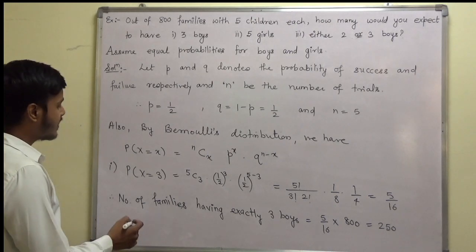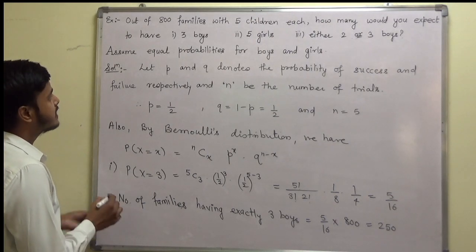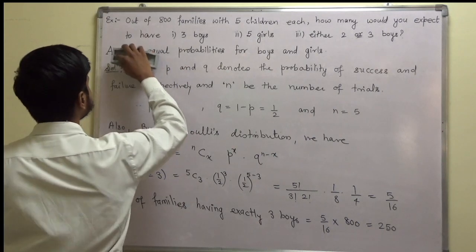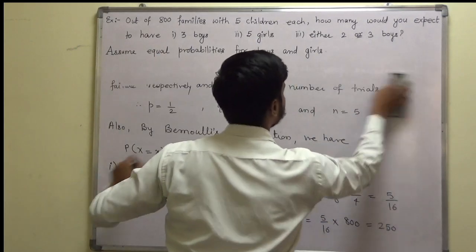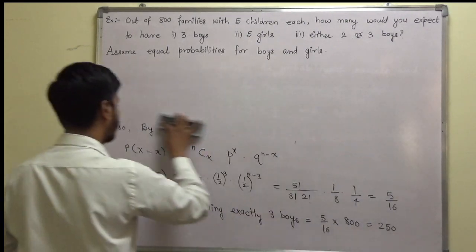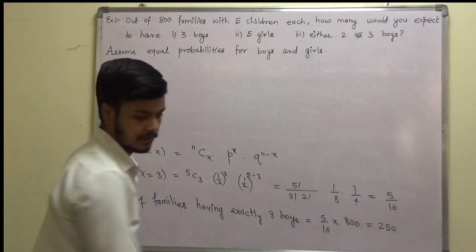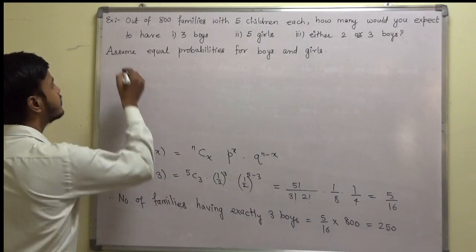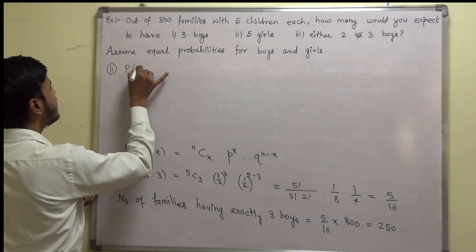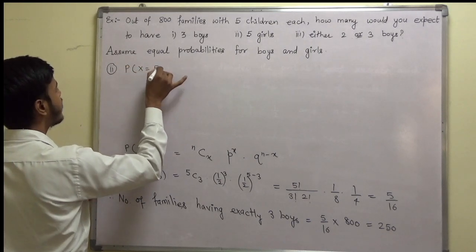Next we can find out for 5 girls. That is very simple. This is 1, next this is 2. Probability of x is equal to 5.